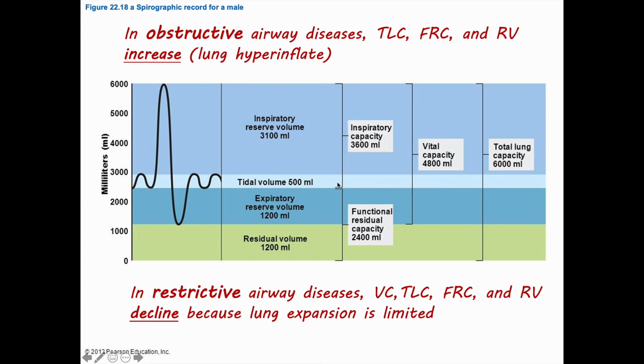They may ask this formula: vital capacity is equal to IRV plus TV plus ERV. Total lung capacity is equal to inspiratory capacity plus functional residual capacity.